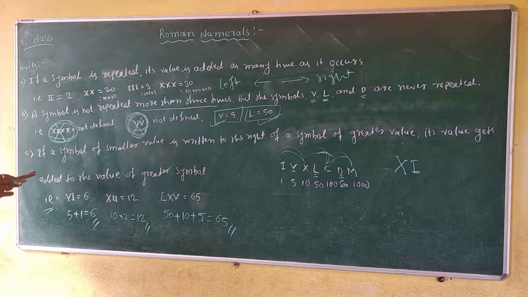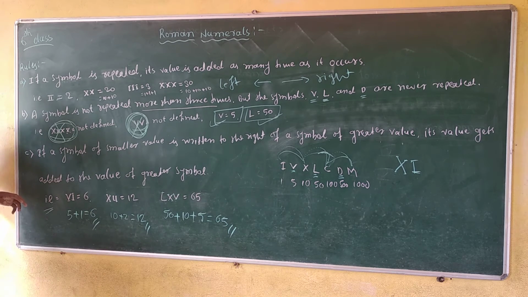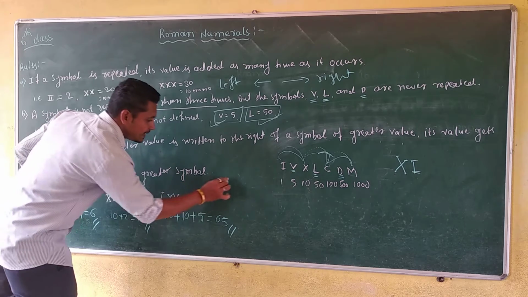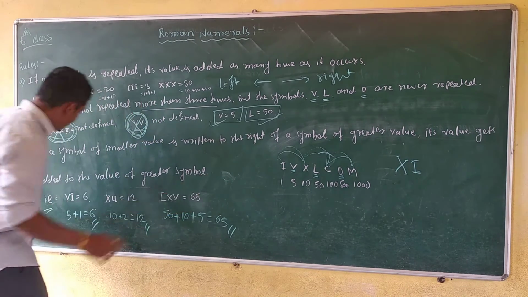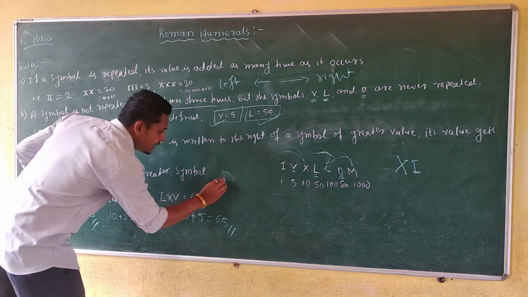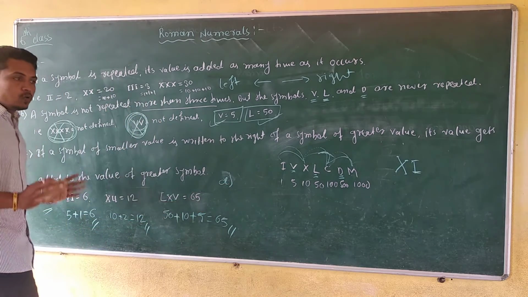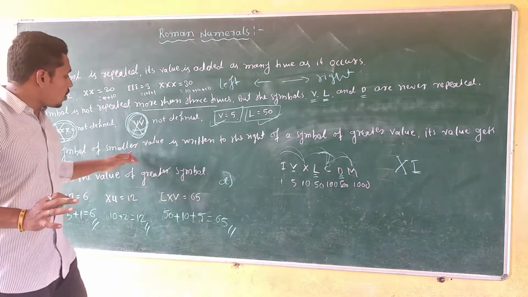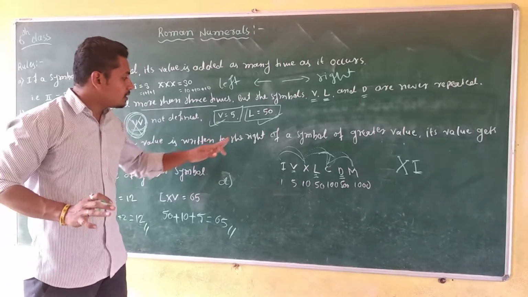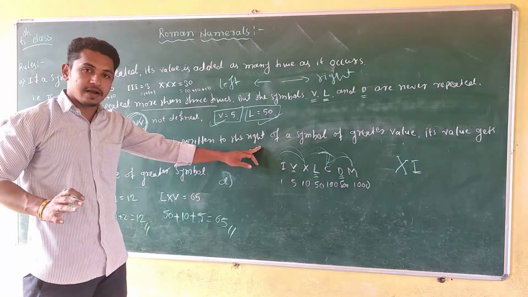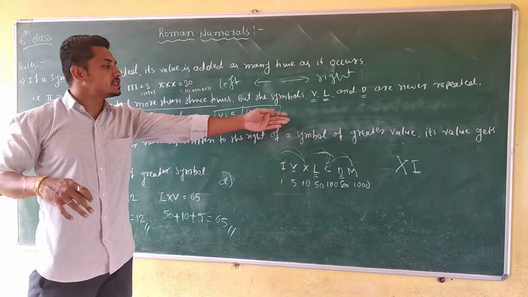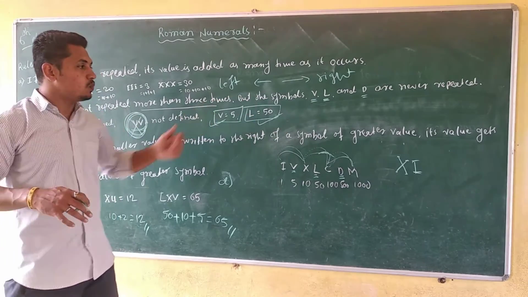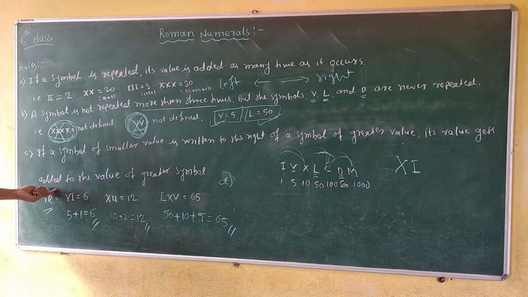Now we have to discuss rule D. Rule D is similar. If a symbol of smaller value is written to the left of a symbol of greater value, its value gets subtracted from the value of the greater symbol.